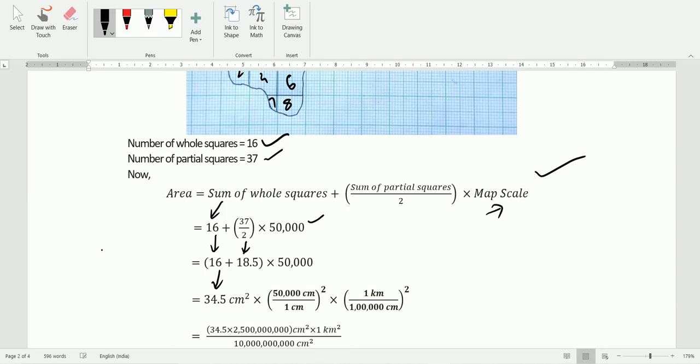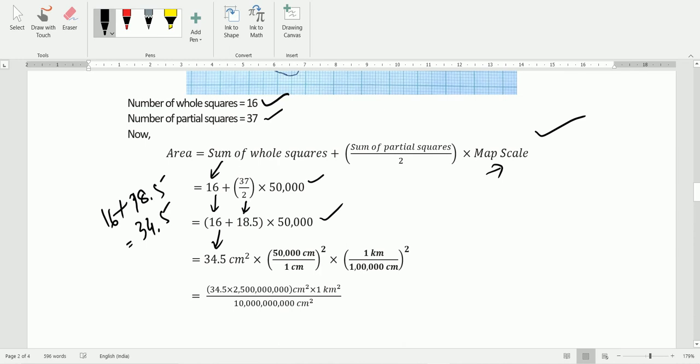So 16 plus 18.5 is equal to 34.5 centimeter, and this is the scale factor. Remember, as I told you, this scale factor indicates only distances. So when we calculate the area, it is to be squared.